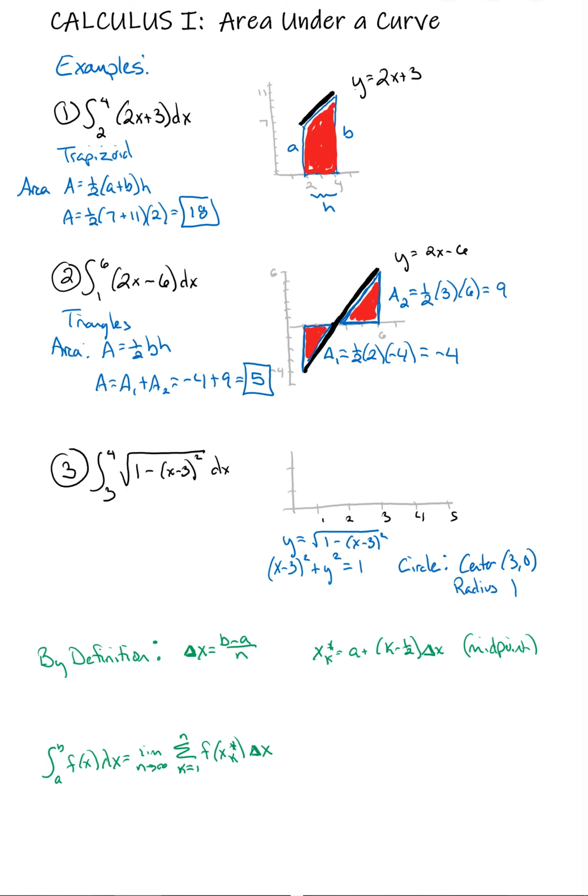Again, I'm getting all of that from this equation, x minus 3 quantity squared plus y squared is equal to 1. Okay, well, I know the area of a circle.